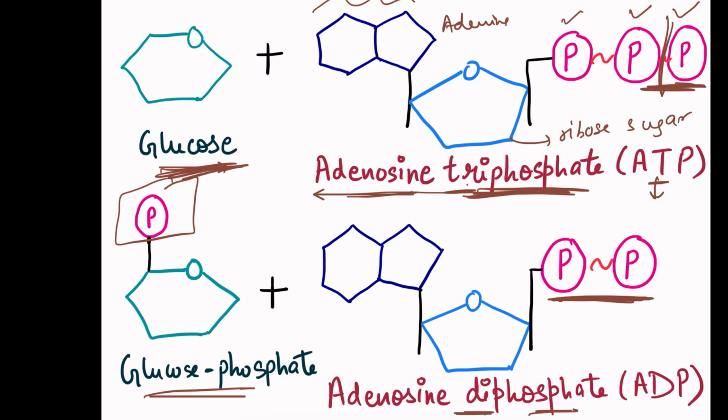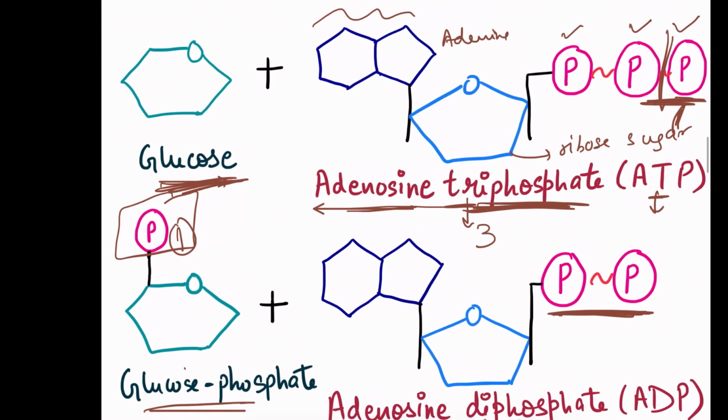Tri meaning 3, di meaning 2. So triphosphate is changing into diphosphate, and that one phosphate group is combining here with glucose. That's why it's an example of the exchange reaction. So that's all about this video.